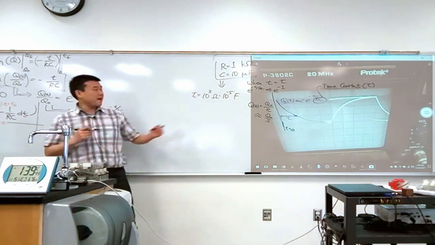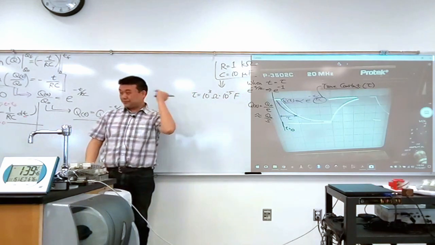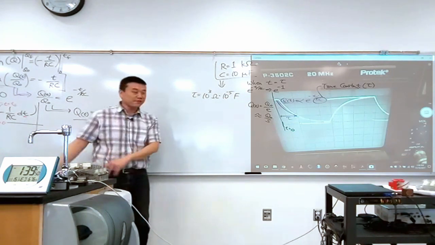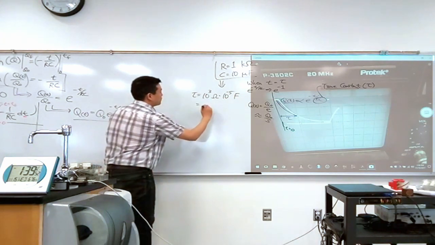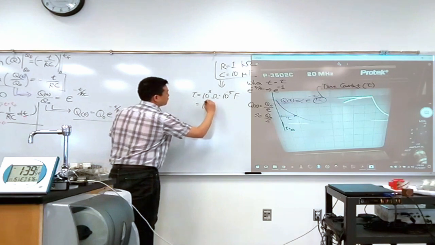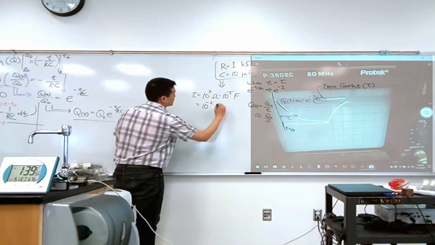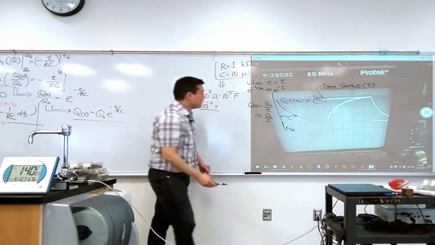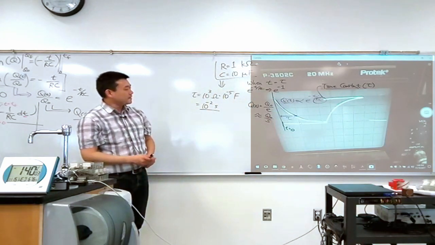I'm just going to trust my SI unit system and believe that ohm times farad is going to be seconds. You can do it on your own if you don't trust it. So the time constant here should be 10 to the minus 2 seconds. So this better be about 10 milliseconds.